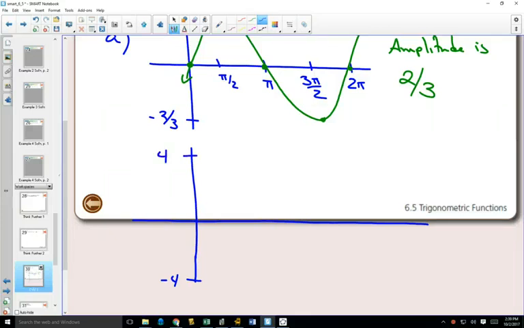And since what we did didn't affect our x values, we can still mark one full period at 2 pi and divide it into 4 equal sections. Now, where does a cos graph normally start?